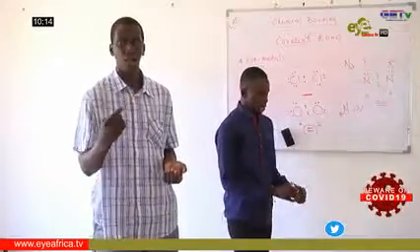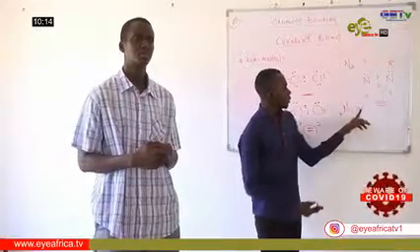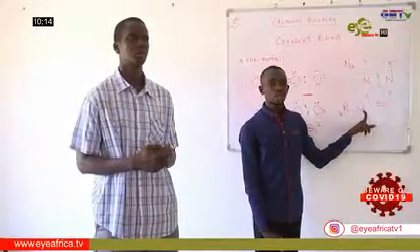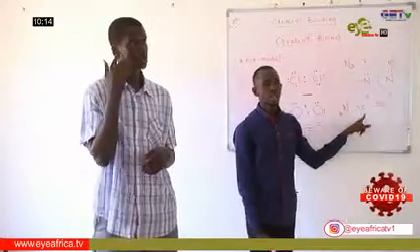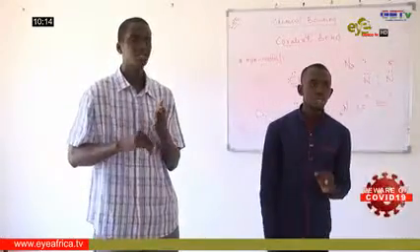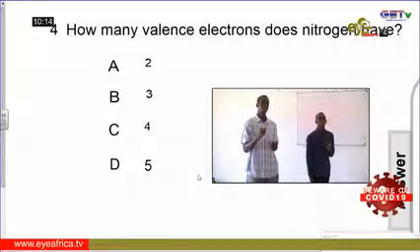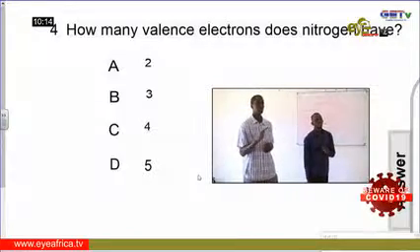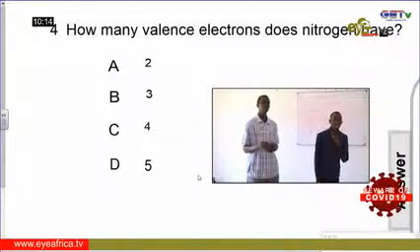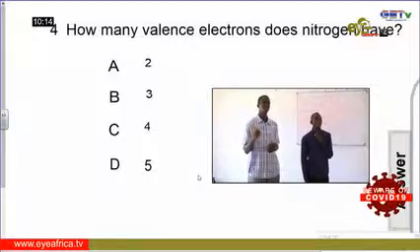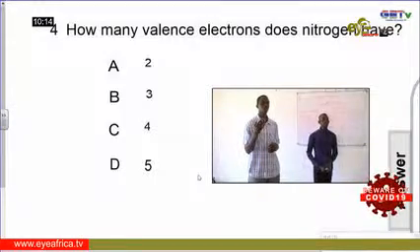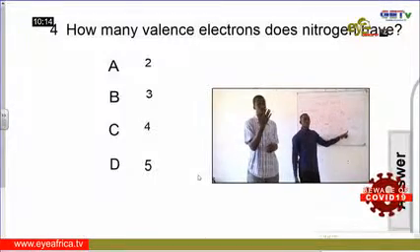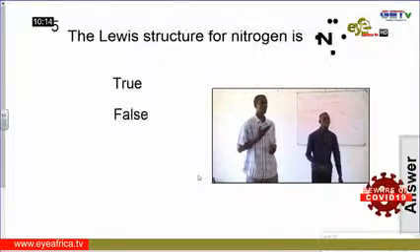It means the valence electrons, we can know by using the number of electrons in the last shell. The first option is A, which says 2. The second option is B, which is 3. Option C says 4, and option D says 5. Which means the correct answer here is 5, because we have 5 electrons in the last shell.